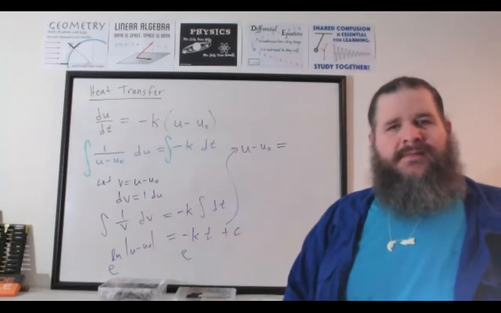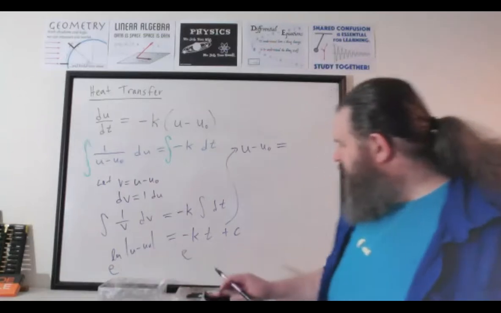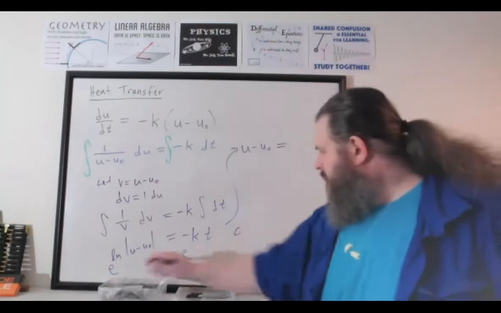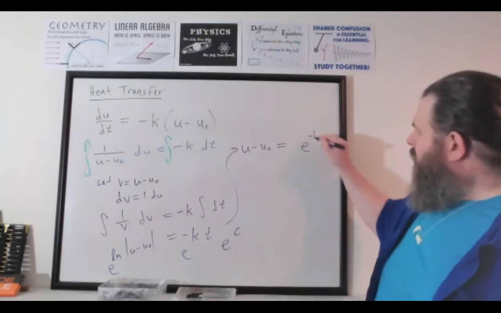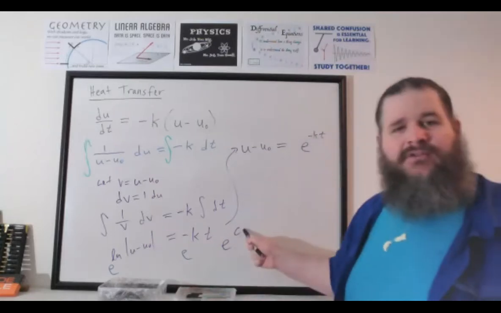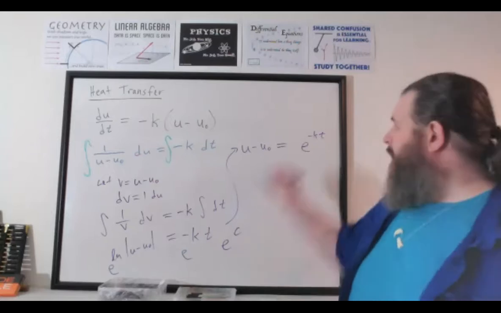How can we split that up? Using exponent rules, you just do e to the negative kt times e to the c. Yeah. So we got e to the negative kt. And also, since c is just an arbitrary constant, e to the c is another arbitrary constant. So let's just call that capital C.